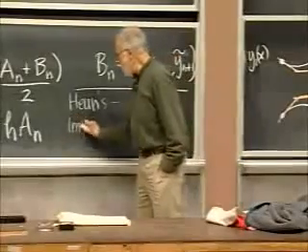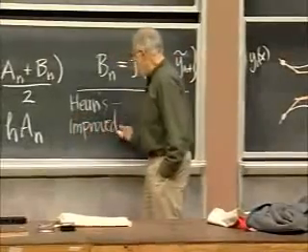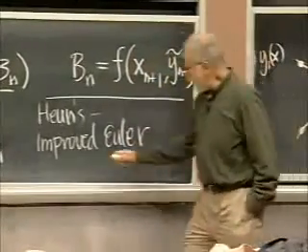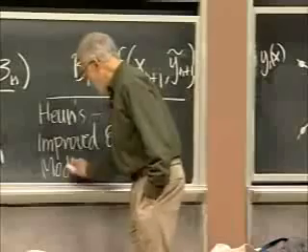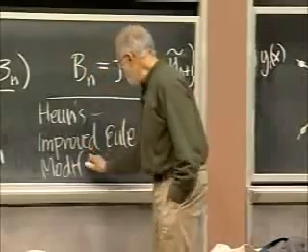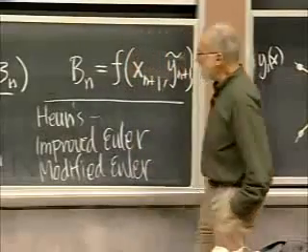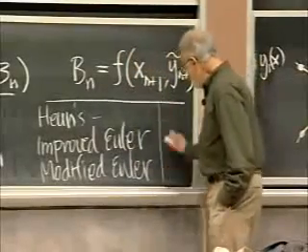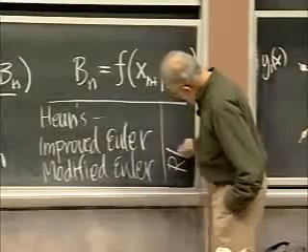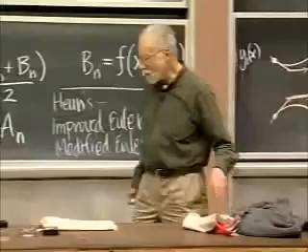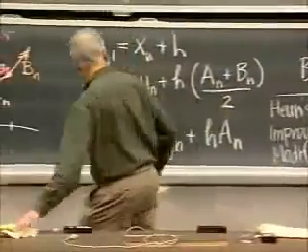It's called also the improved Euler method. It's called modified Euler. Very expressive word. Modified Euler's method. And it's also called RK2. I'm sure you'll like that name best. It has a Star Wars sort of sound to it.